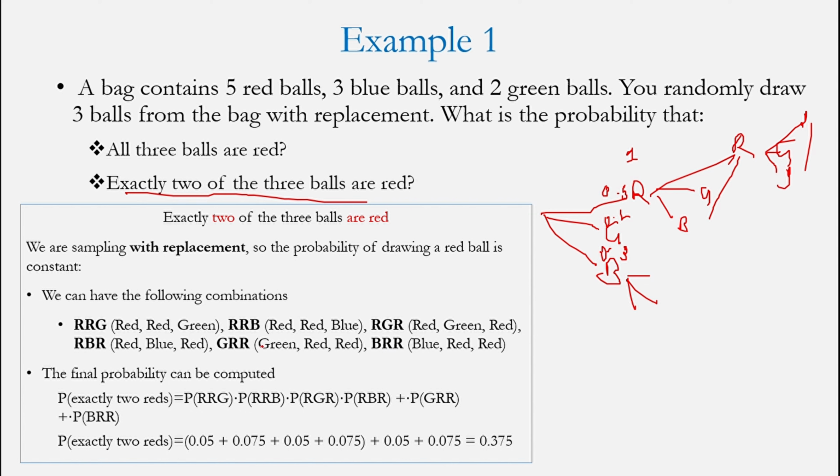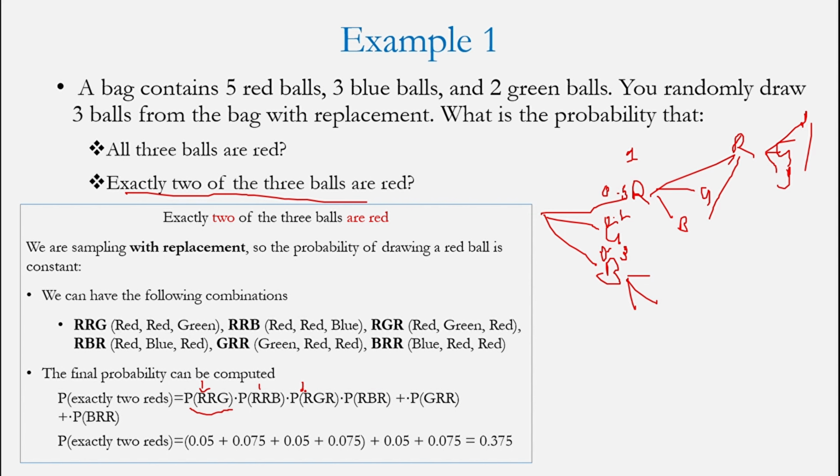When computing this, focusing on this part, we have red, red, green and red, red, blue. So we take the probability of red, red, green, and the probability of red, red, blue, the probability of red, green, red, and the probability of red, blue, red. As you see here, we start with the red selection.